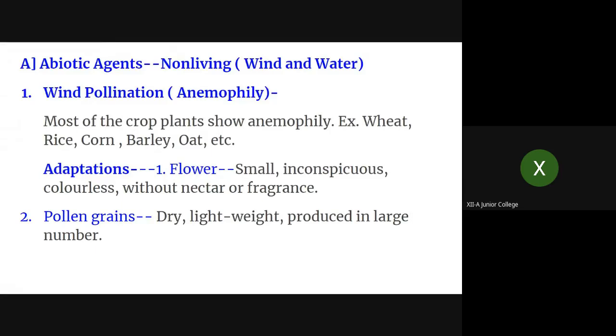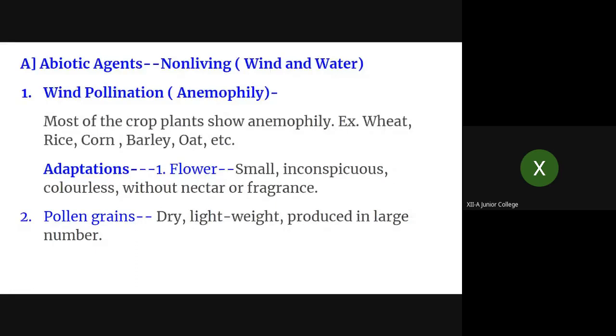Then they are colorless. They need not attract somebody. Winds do not require this attraction, so easily they are carried. They are blown from one direction to the other, and they also do not need nectar or fragrance. So these flowers lack nectar, fragrance, color, etc.